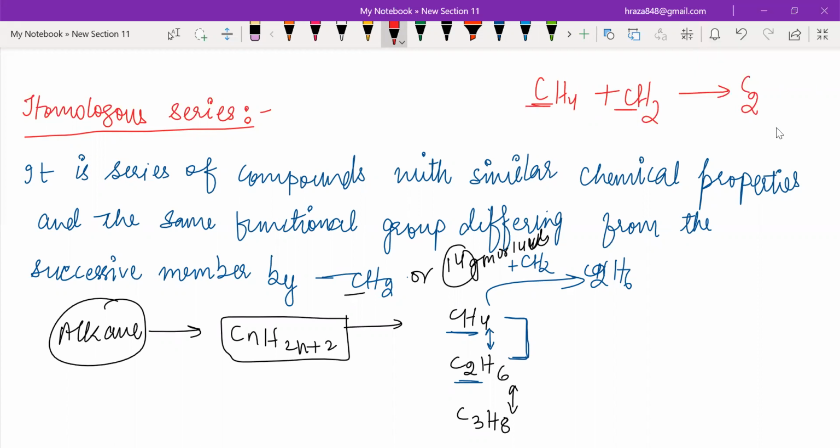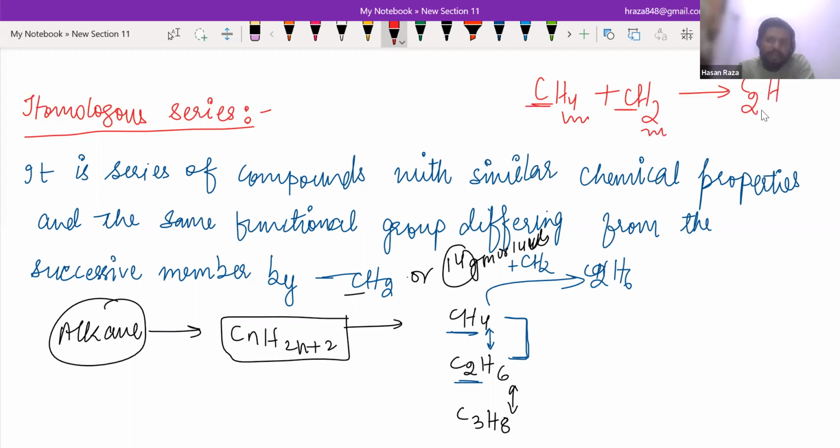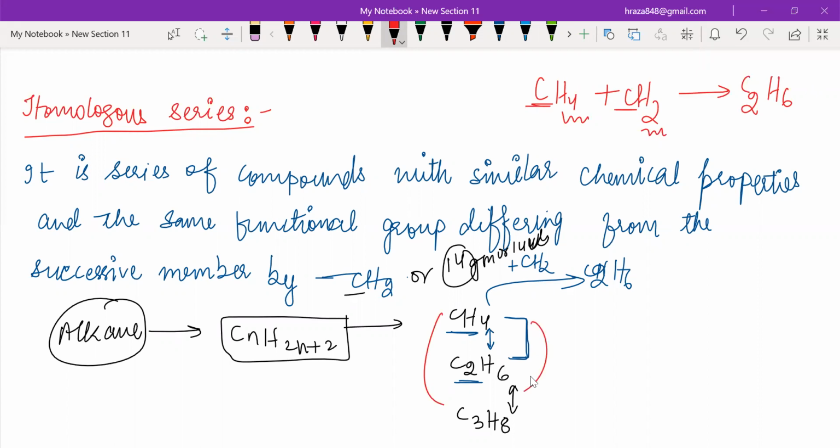And four hydrogen here, two hydrogen here, they become six, C2H6. So these all are basically a homologous series which has a name. Its family has a name, alkane, and they will show similar chemical properties. Their physical properties can be different, but the chemical properties will be the same. Is that clear? Okay. Yes, sir.